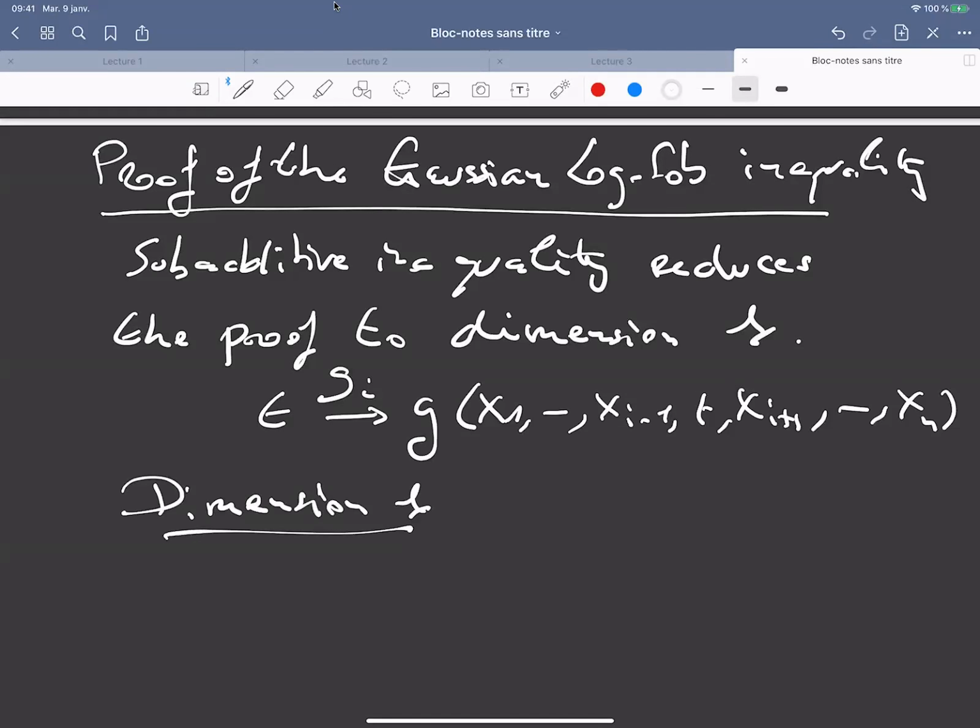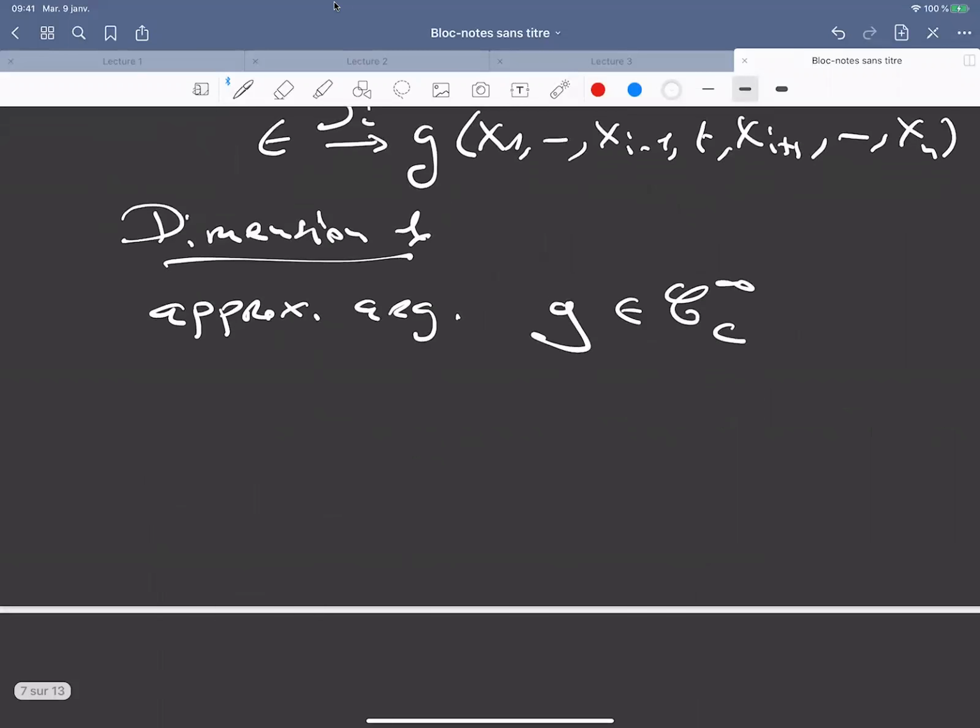And in dimension 1, now you use again an approximation argument, and you assume j to be infinitely differentiable and compactly supported. And now you use the same argument as in the Poincaré inequality proof.